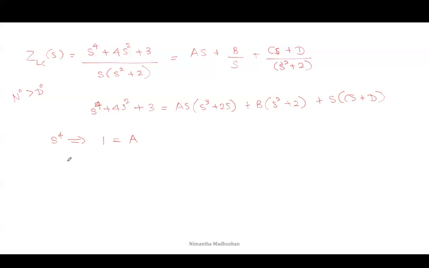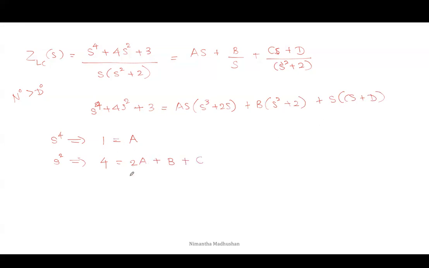Now I consider s to the power 2. From the left hand side, the value is 4. From the right hand side, 2a plus b plus c: from this one 2a, from this one b, plus from this one c.